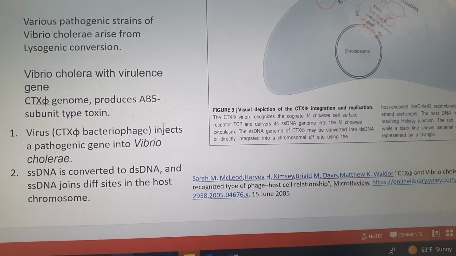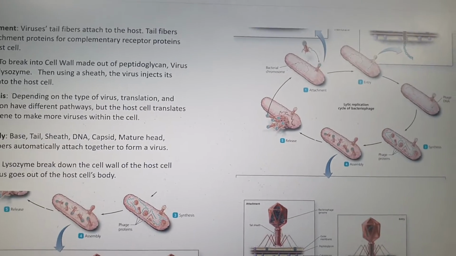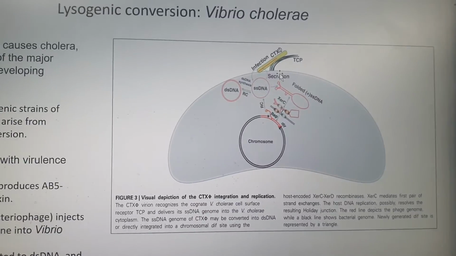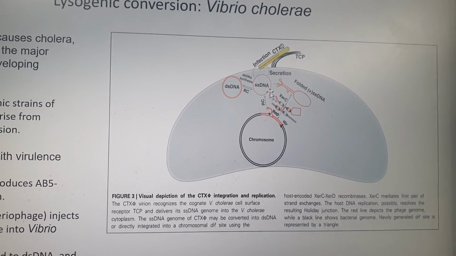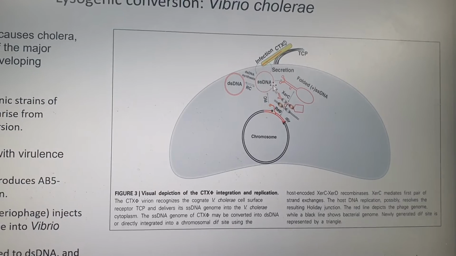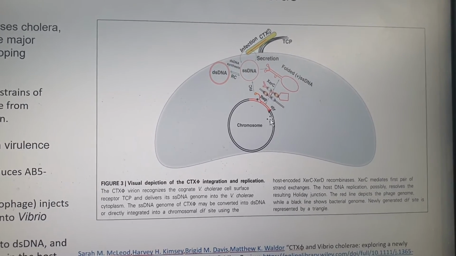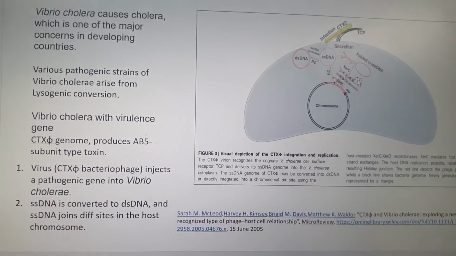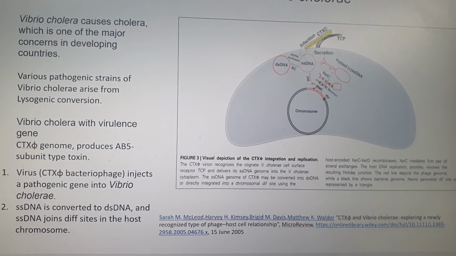The way they do that is the same as described above. They put their gene into the host cells, and they actually have single-strand DNA, which is converted to double strand, and they put it into chromosomes, at dif sites, and later they produce the AB5 subunit toxin.